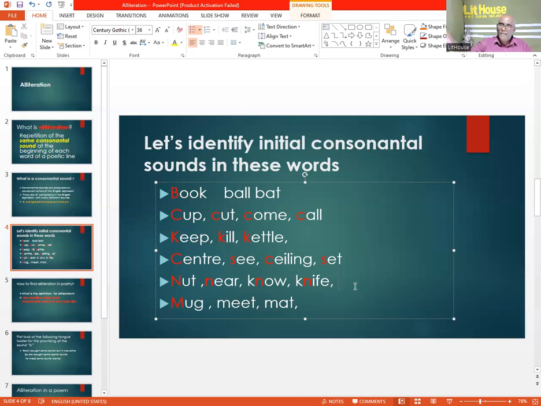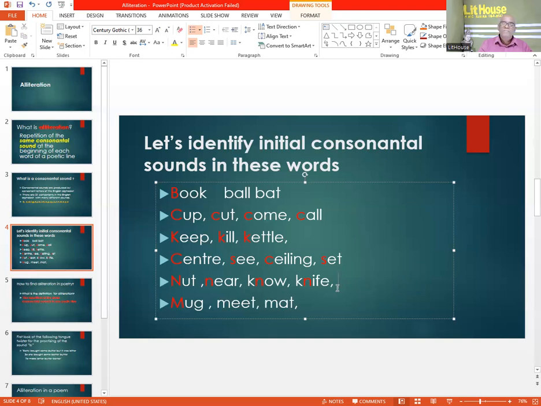There are many other words in the English language like this, which have no sounds at all. They are silent letters. Last one, mug. Initial letter is M, consonant. Sound is M. Mug, meat, mat.